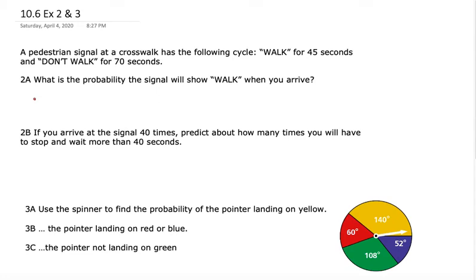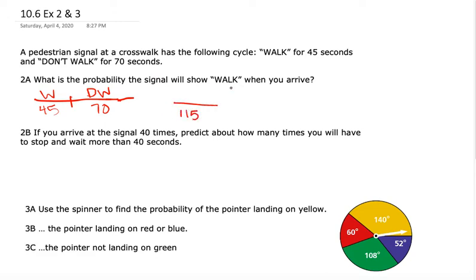So this is what I do. I usually draw this out into a segment, and it won't look even, but this is my walk for 45 seconds. And then I have my don't walk for 70 seconds, which means my total is 115 seconds.